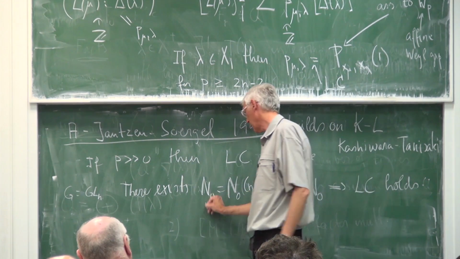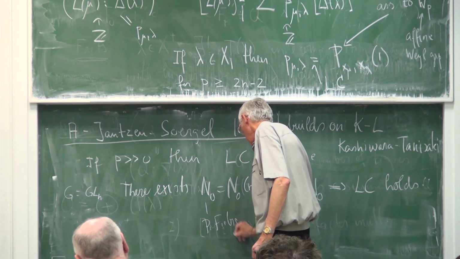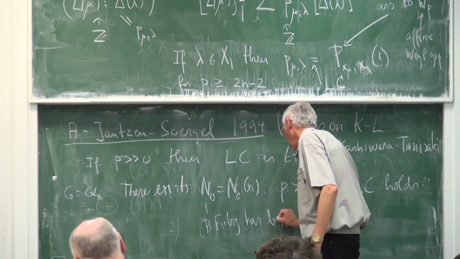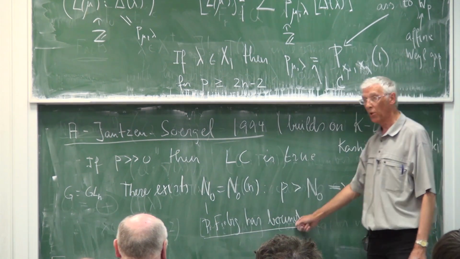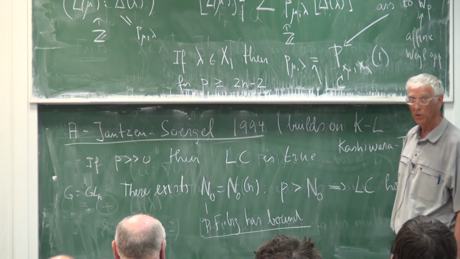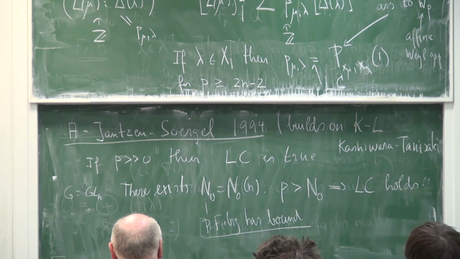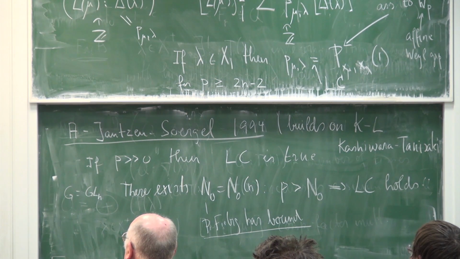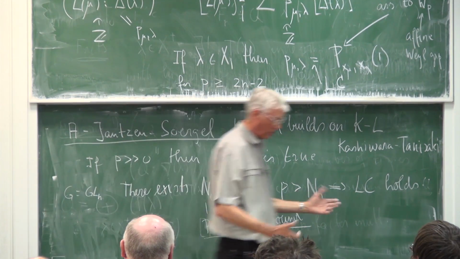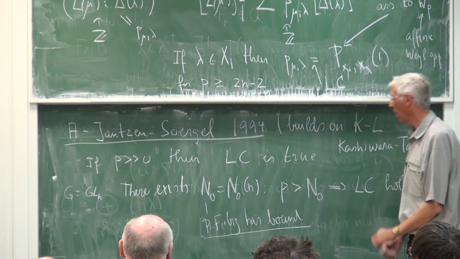And I should mention that Peter Fiebig came up with a bound. For GL6, his bound is something like 10 to the 40. So it's an enormous bound. It's probably much too huge, but anyway, it was a concrete bound, and not just for GL6, but for any reductive group, he could give such a bound, which depended on the order of the Weyl group and some other factors, which I won't get into.